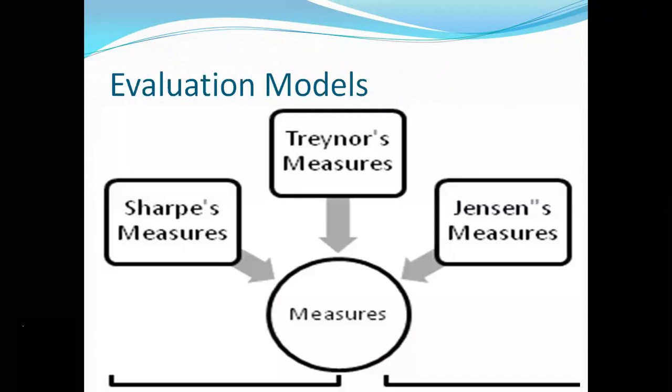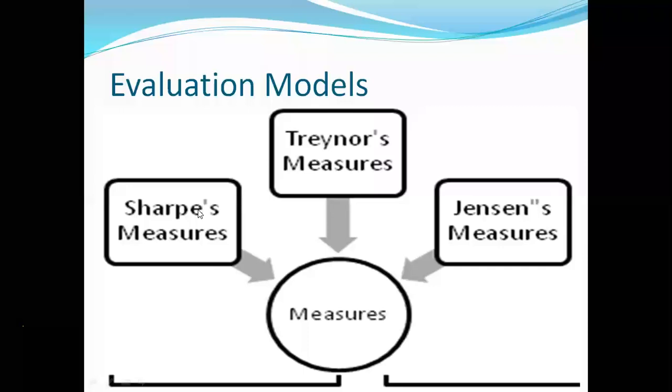Now we will come to the important aspect of portfolio evaluation. It is all about evaluation models. These are the models designed for evaluating your portfolio, how the securities are performing in a particular group of portfolios, and it can be evaluated with these three important models.